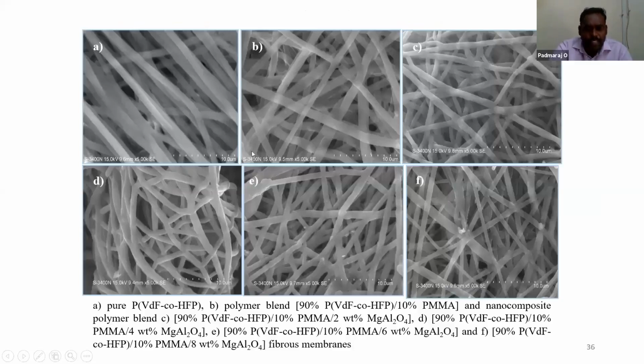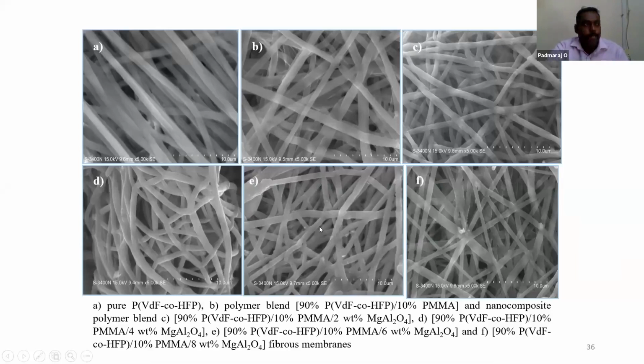See here, the pictures are shown. All these images are HRSEM images of the developed fibrous membrane. They show an interconnected web-like structure with ultrafine fibers, each fiber in the nanometer range.